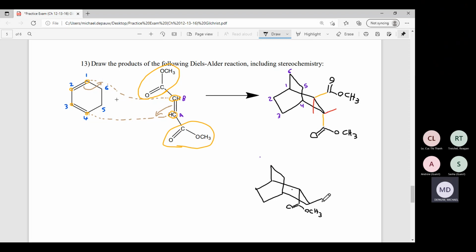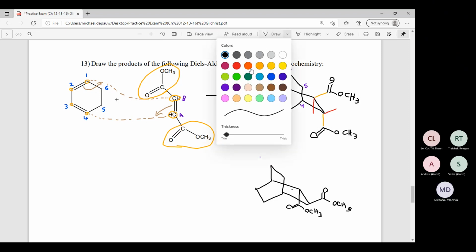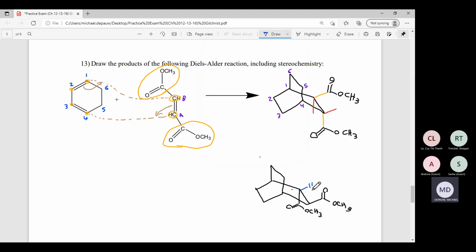And with this one, the C double bond O, OCH3 would be in the up position. I'm not terribly great at drawing these things, but I hope you get the idea. Does that make sense? And of course, there's also another hydrogen attached to the opposite position. Here's a hydrogen here and a hydrogen here. And you will get both those products.